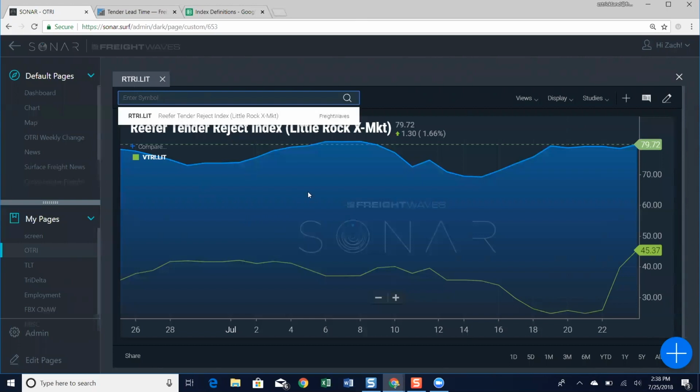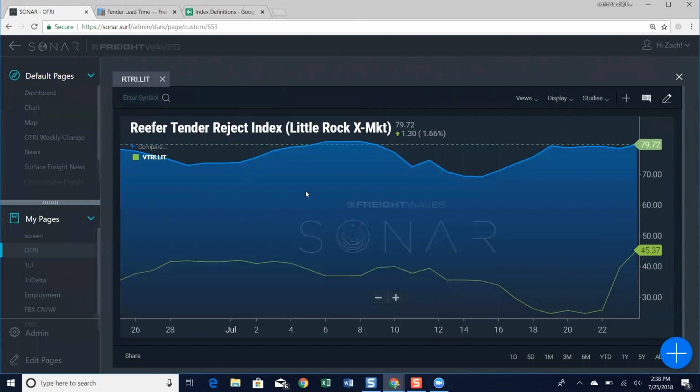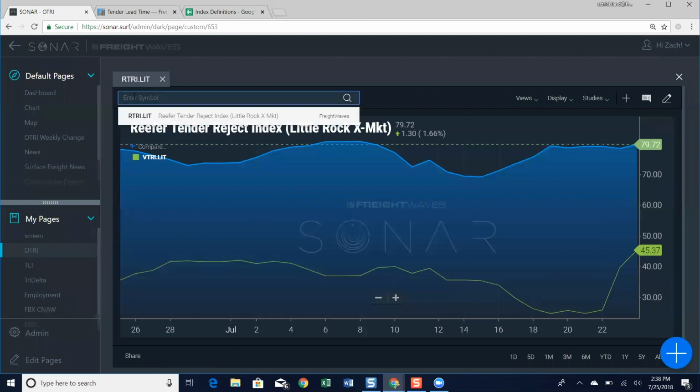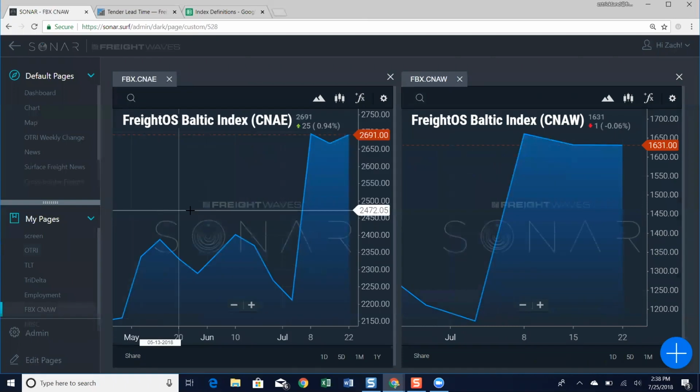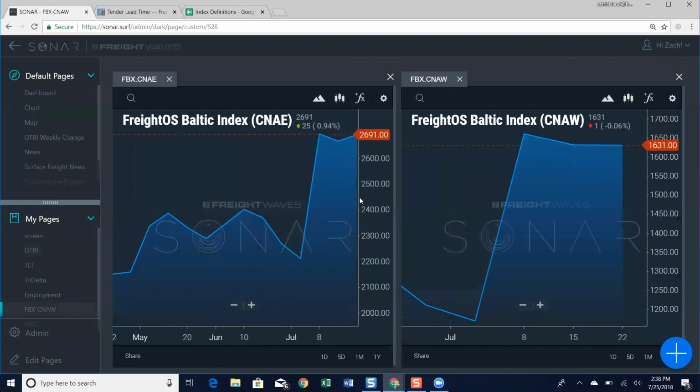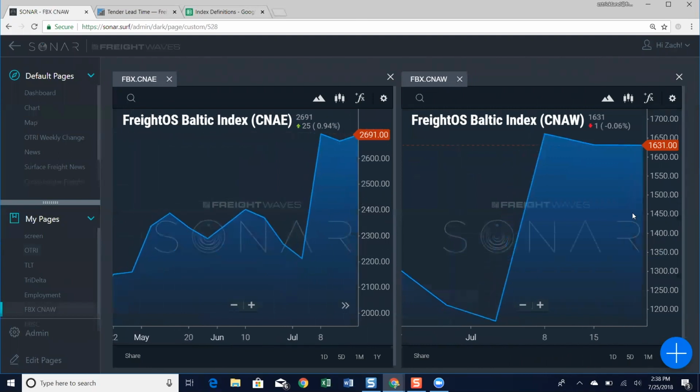Okay, so I want to recap, again, to give some of our newer users a full idea of some of the stuff that's available in SONAR, but also to close a loop that we opened last week. I pointed out the Freightos Baltic Index showing container rates going through the roof in the past 2 weeks.